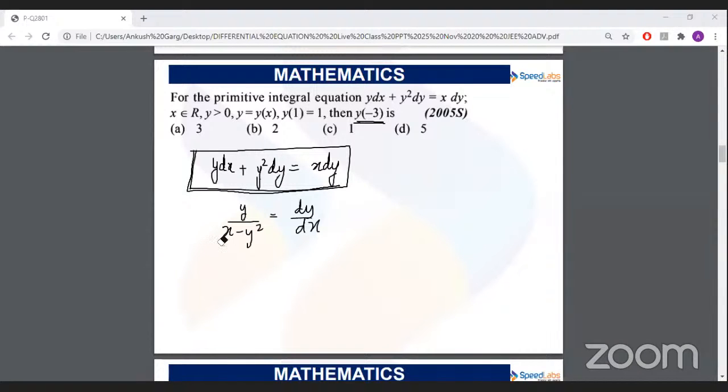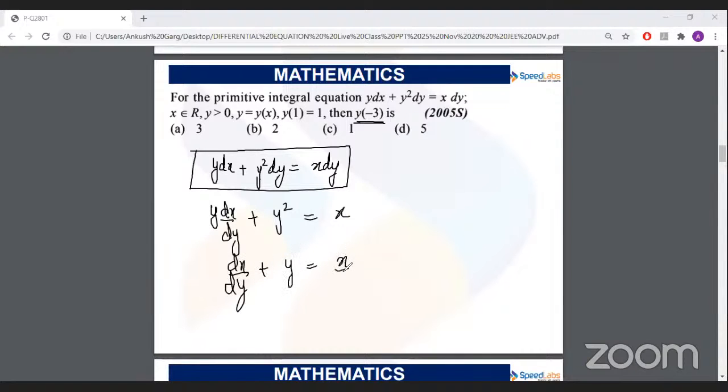Okay, you are telling me to divide with dy. We can divide with dy over here, so this will become y dx by dy plus y square equal to x, and on dividing with y, this will become dx by dy plus y equal to x by y.